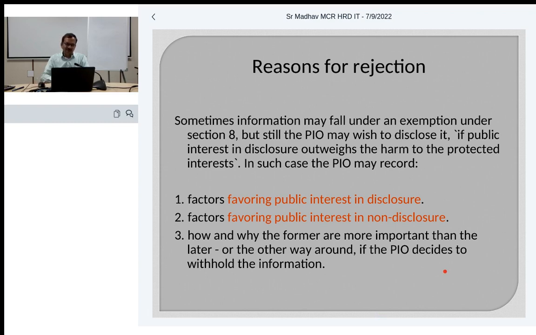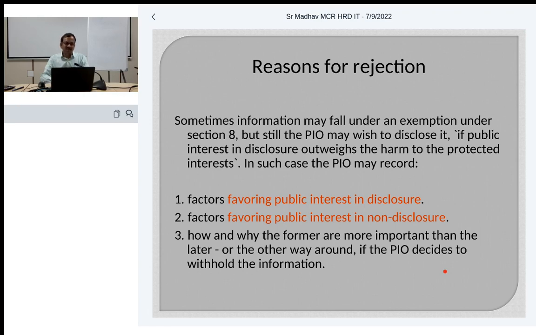And as we have already discussed in an earlier module, when the PIO rejects a request under Section 7.8, she is supposed to provide a speaking order. In that speaking order, the PIO is supposed to provide the reasons for denying the request. When the reason is selected from Section 8, which has qualified exemptions where a public interest rider is applicable, then the PIO is expected to draft a speaking order listing out the factors favoring public interest in non-disclosure and factors favoring public interest in disclosure.